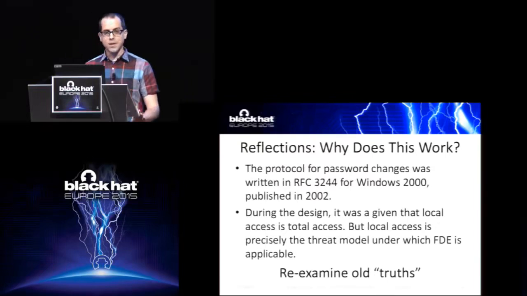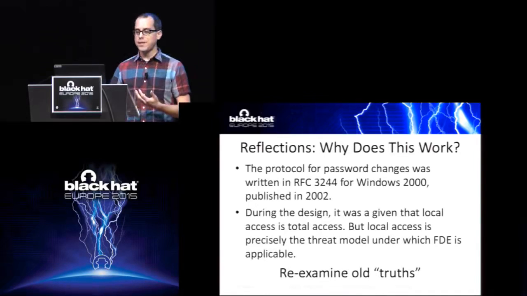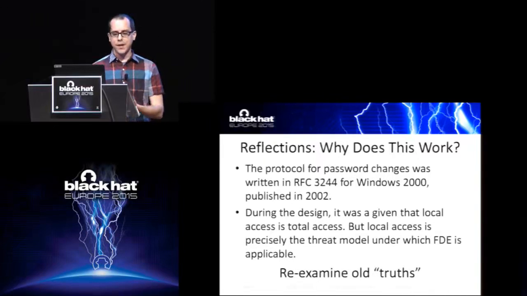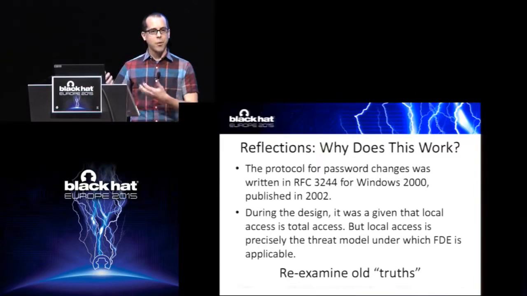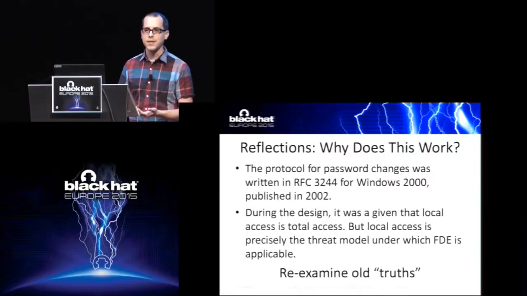So in the few minutes that I have left, I also want to reflect on why this attack works. Like I said, this bypass works even in Windows 2000. This is something that's always been part of the protocol and the way it works. And when this was designed back in 2000, physical access was total access. Full disk encryption wasn't commonplace.